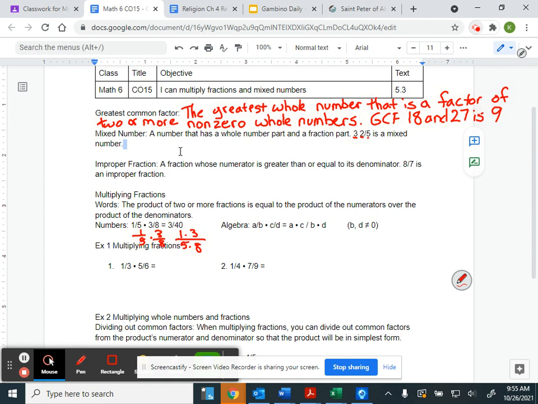So you multiply the numerators, you multiply the denominators. 1 times 3 is 3, 5 times 8 is 40. If we look at it with algebraic terms, we would put those variables in. A over B times C over D equals A times C over B times D.